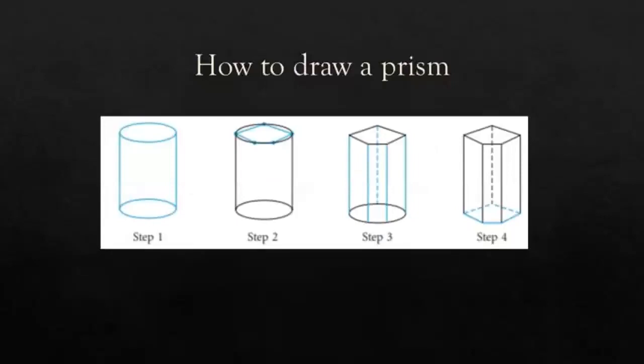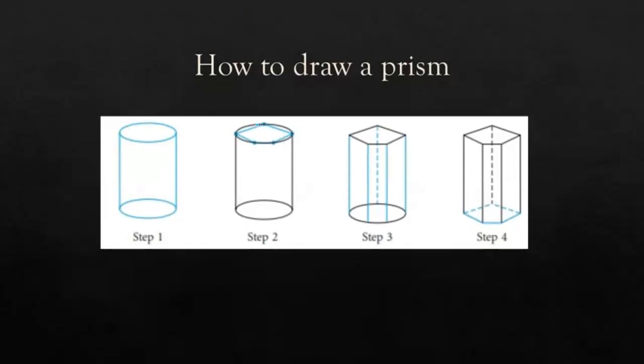How to draw a prism? Our book shows us that we can start with a cylinder and then make whatever shape base we want at the top of it. Notice how this is supposed to be a circle, right? It's a visualization of a circle, but because of the angle we're looking at, we're actually drawing an oval.